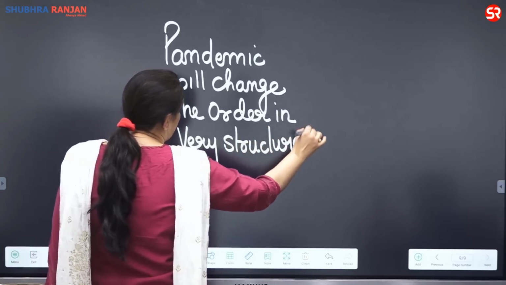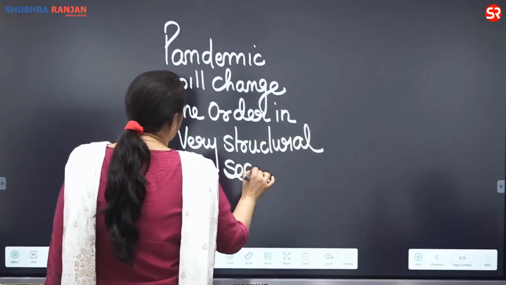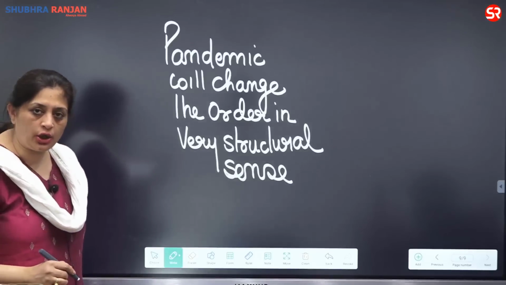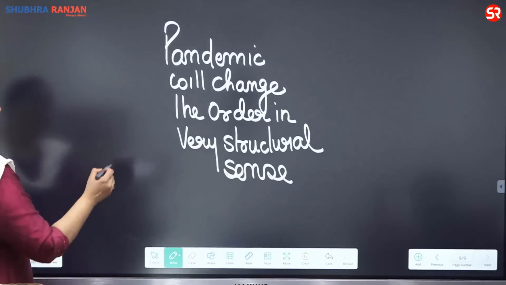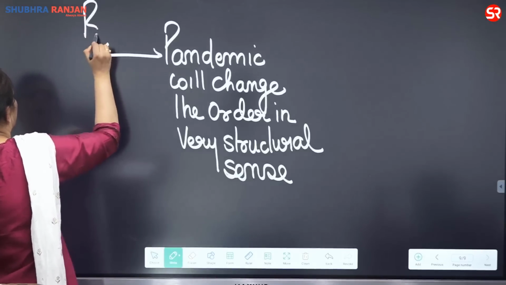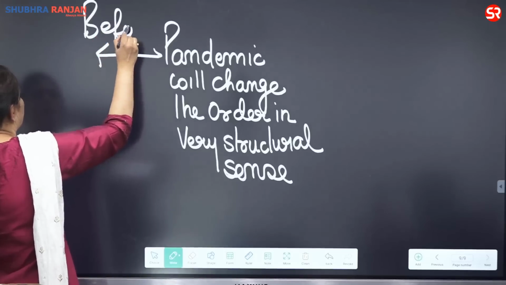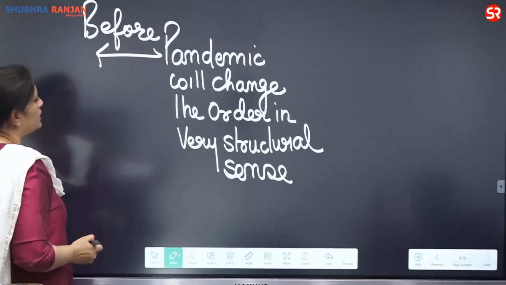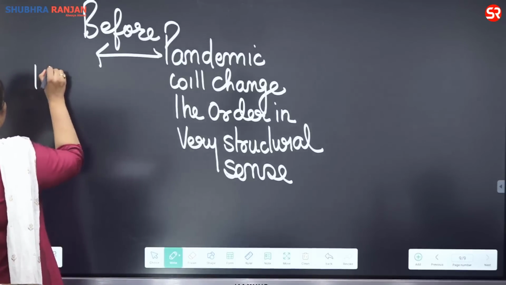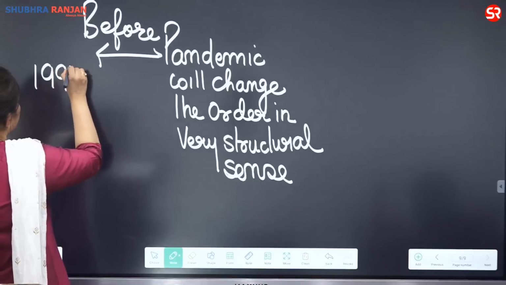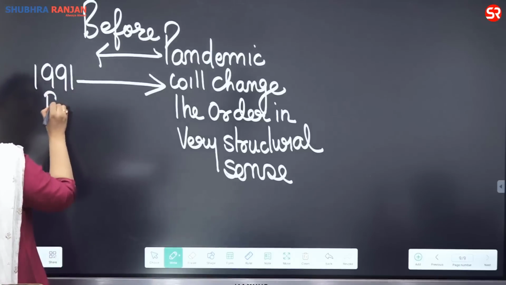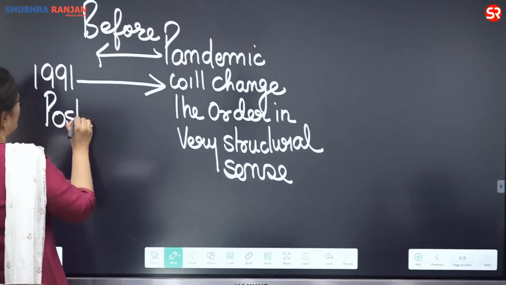In a very structural sense means that in a very fundamental way the world order will be changing. So what was the world order before? We can say from 1991 onwards, which is known as the post-Cold War world order.